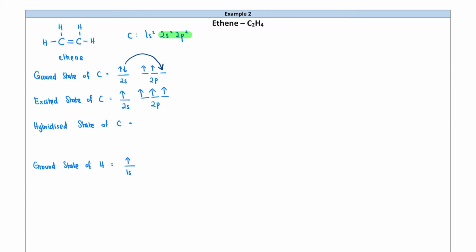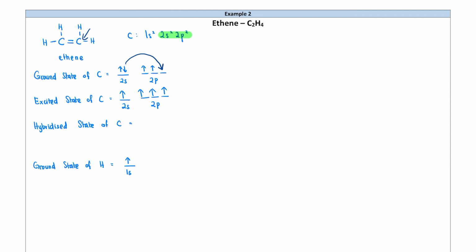Ngam, nice. Okay, for hybridized state of carbon, macam biasa saya cakap, tengok Lewis structure. So carbon, kalau kita tengok this carbon dekat sini, carbon tu ada 1, 2 single bond and ada 1 double bond. Saya ada tulis before this, kalau kamu perasan. Kalau double bond, kita counted as 1 je electron pair dia ataupun 1 je bonding pair dia.